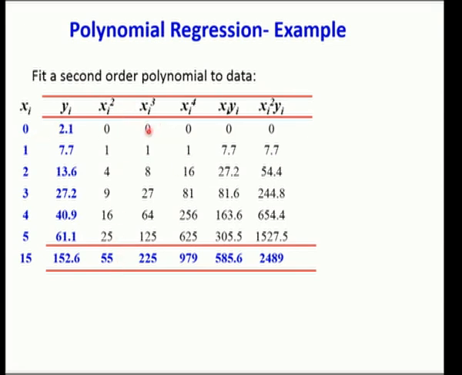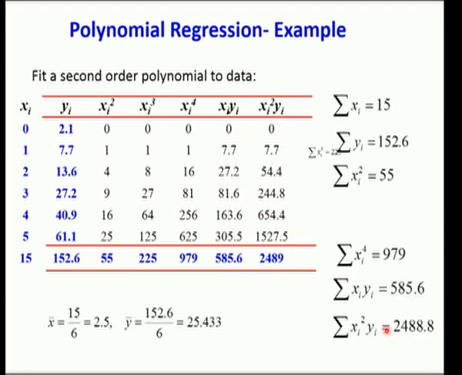Summation x cube is 225, and summation x power 4 is 979. Summation x_i y_i is 585.6, and summation x_i squared y_i is 2489. These are the values which you need: summation x_i cube, summation x power 4, and all these we calculated.